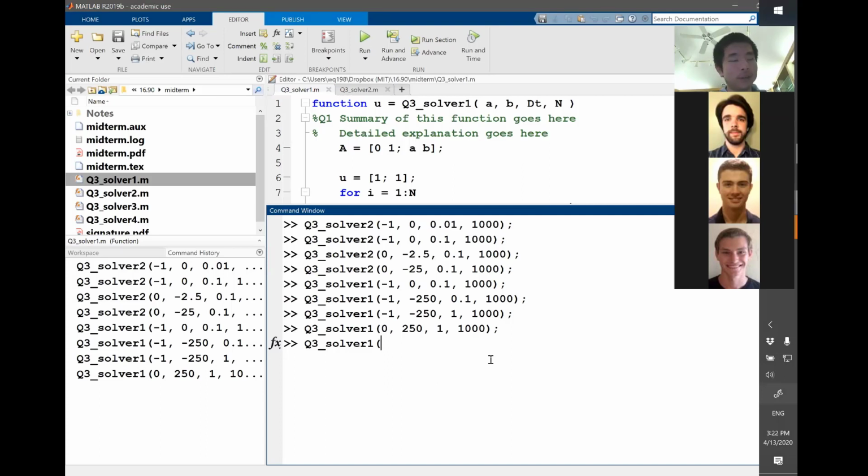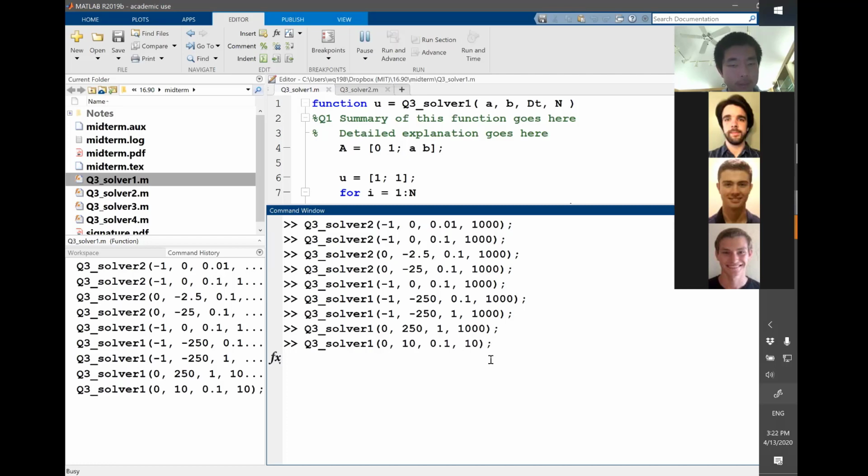If I recall, A has to be positive. It's something like 1 or 2. I think maybe 10. Let me try this. No, actually, A is equal to 0, B equal to 10, and 0.1.